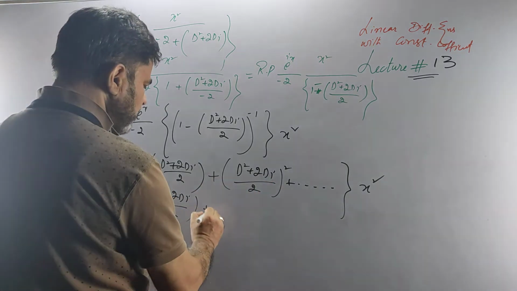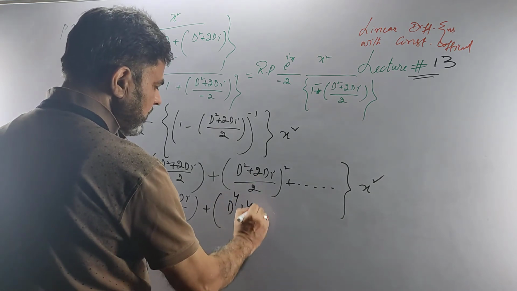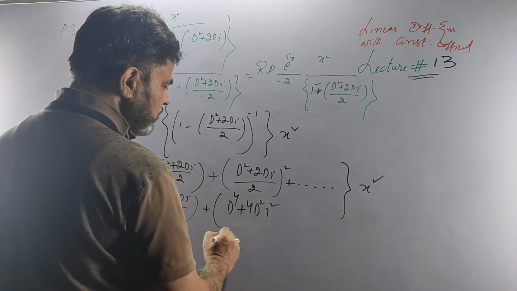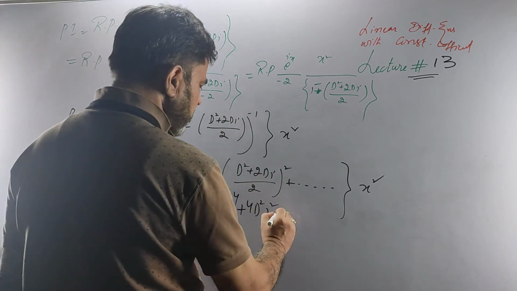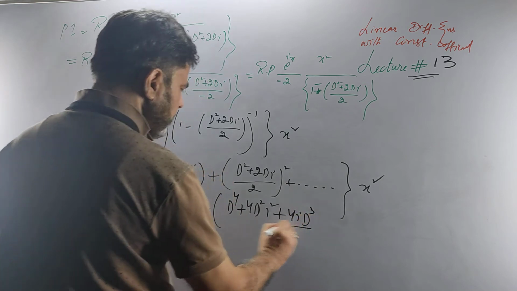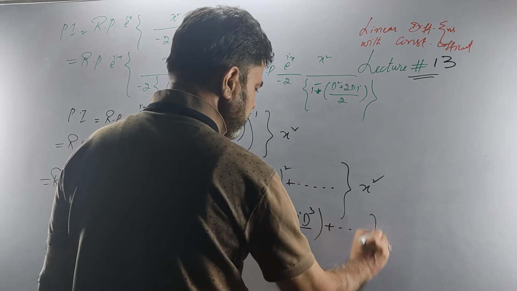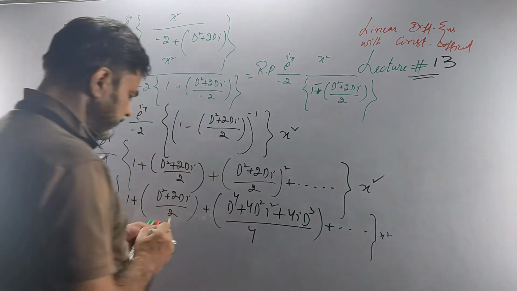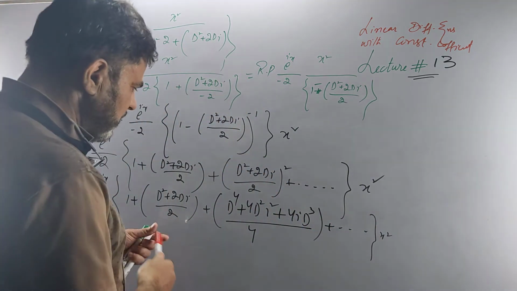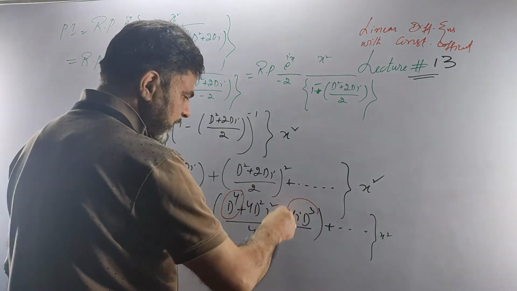When you open this, what is this? It is D4. This will be 4 D square iota square, then plus 4 iota D cube by 4 plus so on. I have to omit here this D4 I don't need, and D cube I don't need.